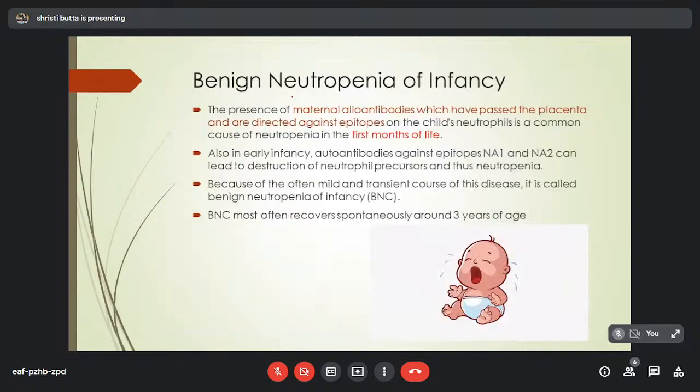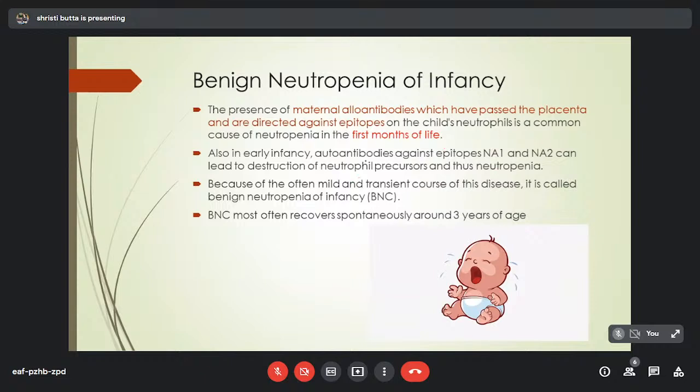Now moving on to the benign neutropenia of infancy. The presence of maternal alloantibodies which have passed the placenta and are directed against the epitopes on the child's neutrophils is a common cause of neutropenia presenting in the first month of life. Also, in early infancy, there are some autoantibodies directed against the neutrophilic antigen 1 and 2 epitopes on the surface of the neutrophils.